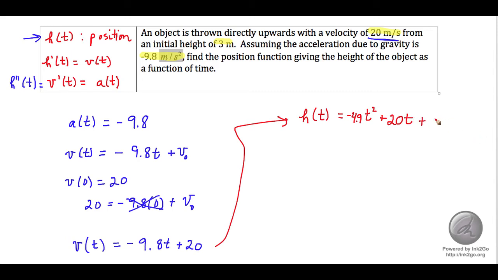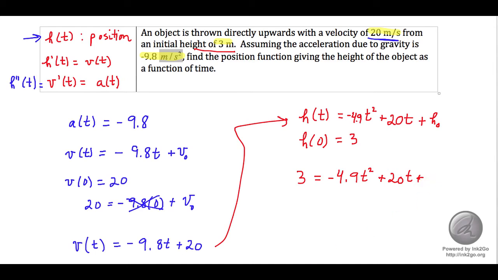Instead of using c, I'm going to use h naught as the initial height. We know that the initial height is equal to 3, so when time is equal to 0, the height is 3. So 3 is equal to negative 4.9 t squared plus 20t plus h naught.